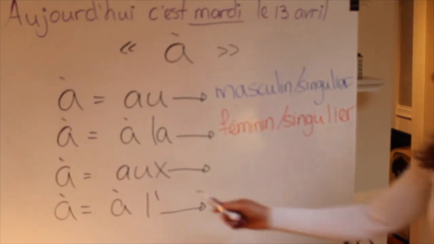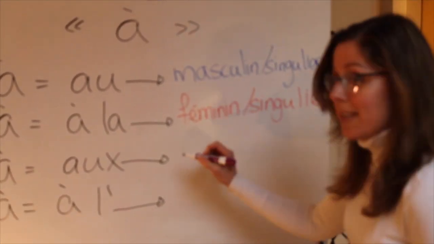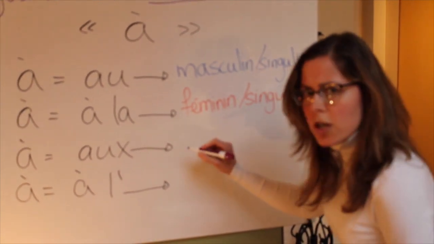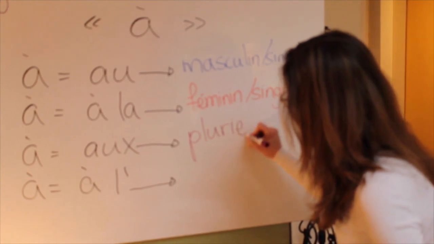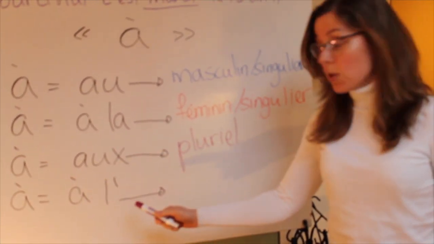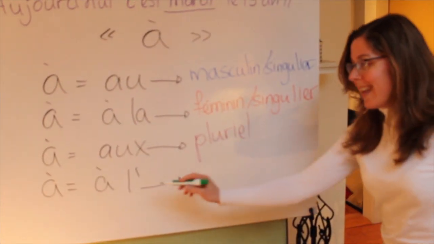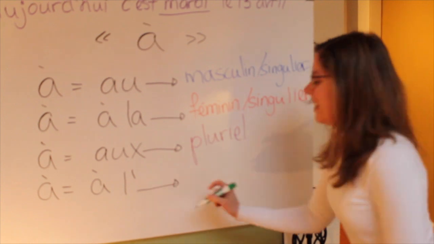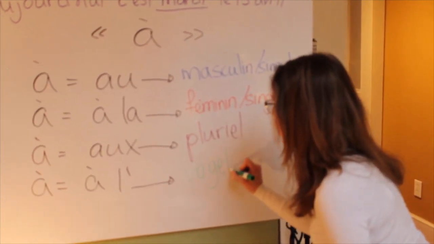Now, à becomes aux when the word that follows is, oh my god, you're so good, pluriel. And à becomes à l' when the word that follows, what's the last one? L'apostrophe. Yes, that's right. When it starts with une voyelle, a vowel.